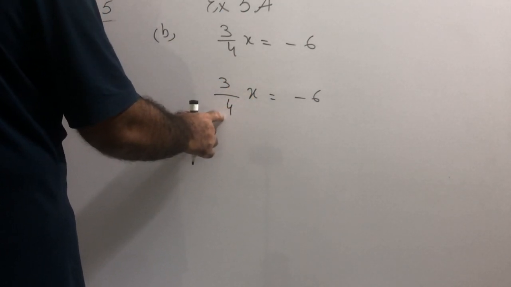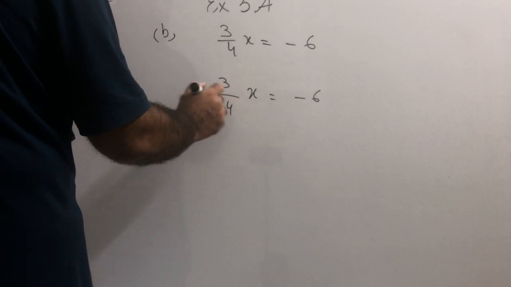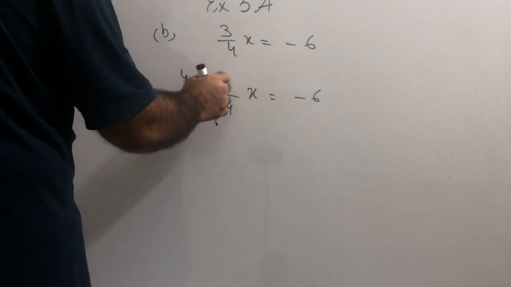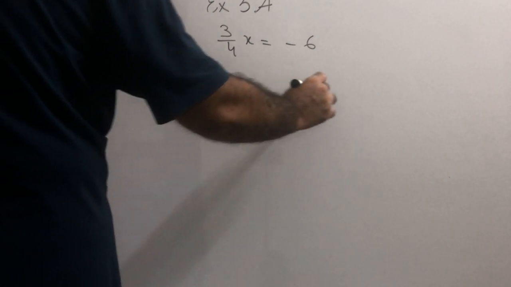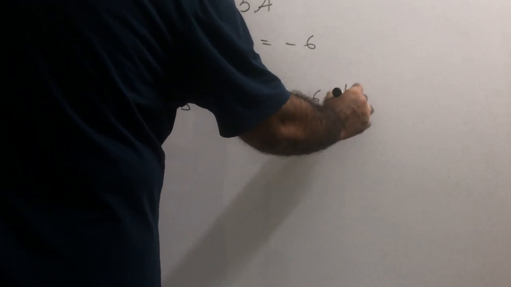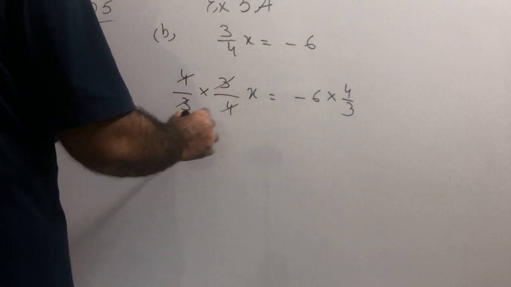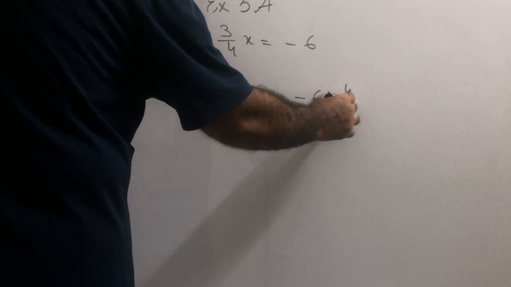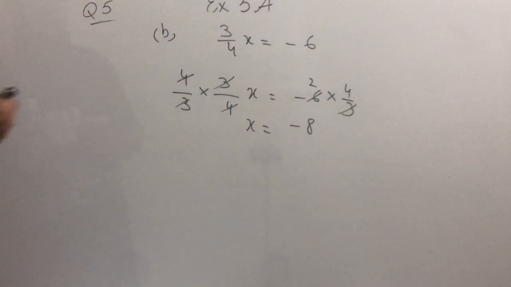To finish this 4, which is dividing, we will multiply by 4. This 3 is multiplied with x, so we will divide by 3. On both sides, we will do the same thing. By this way, 4 will be cut with 4, 3 will cut with 3. So x becomes 3 2s are 6, minus 2 4s are minus 8. Minus 8 is the answer.